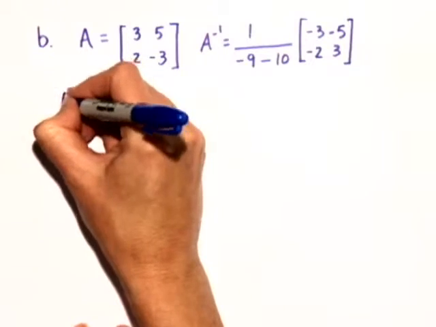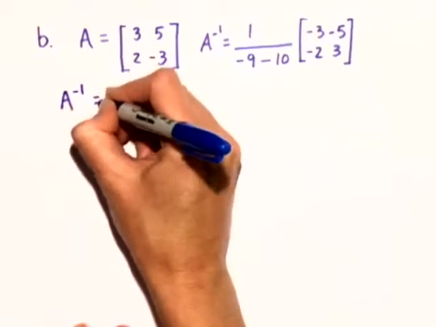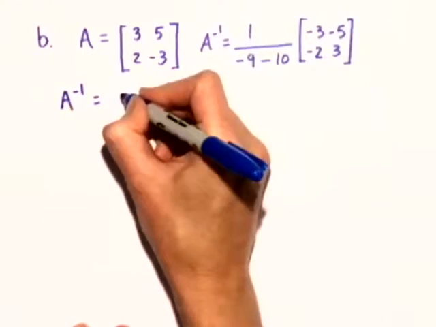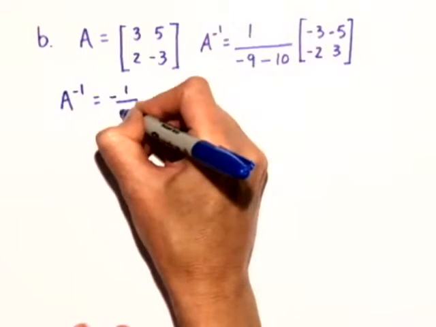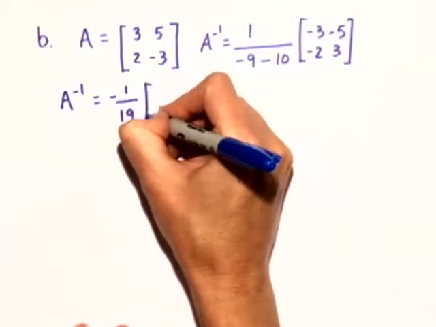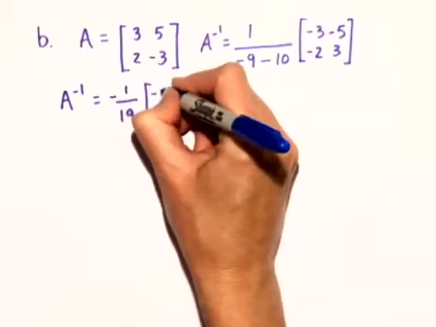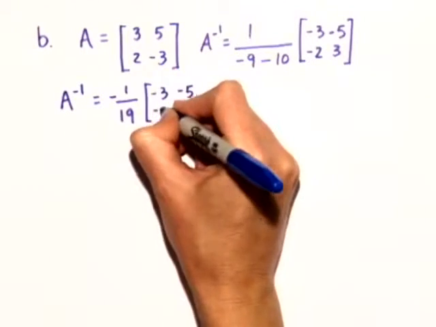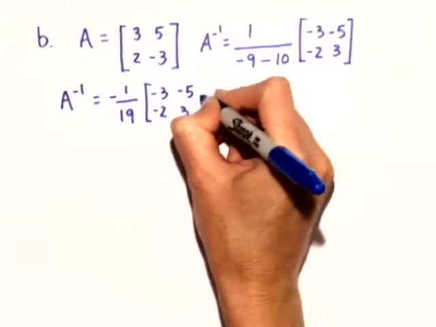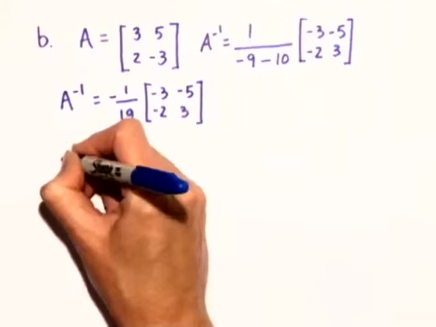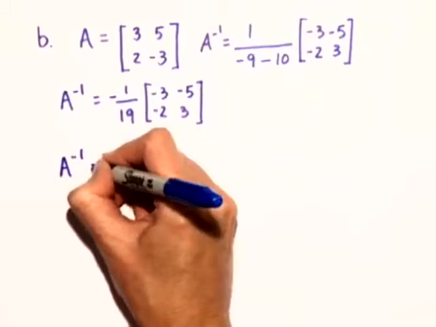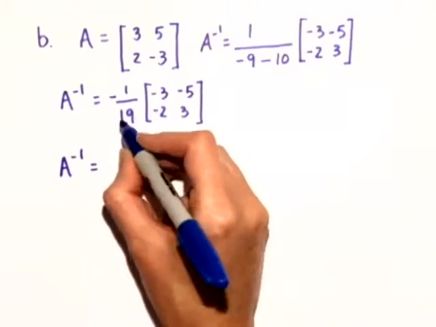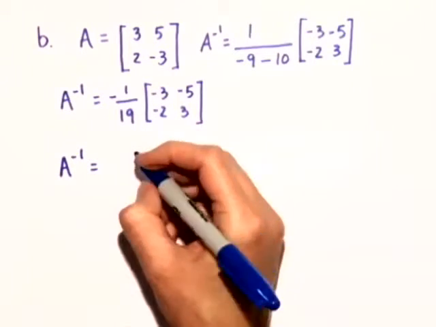And we can simplify this A inverse. We'll get 1 over negative 19, or simply negative 1/19, times the matrix containing the elements negative 3, negative 5, negative 2, and 3. And we can rewrite that A inverse by distributing, or multiplying, that negative 1/19 through.